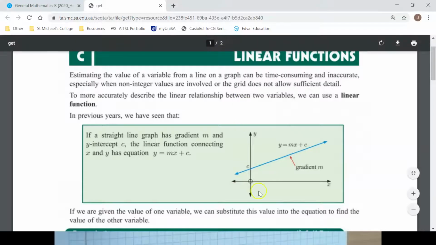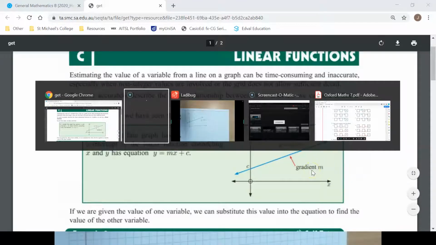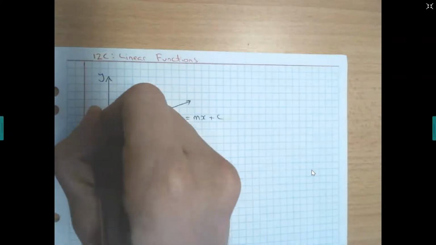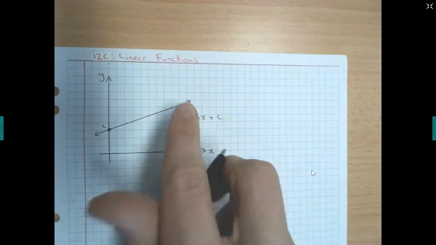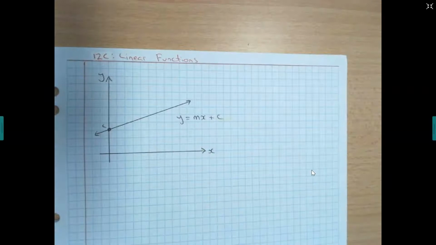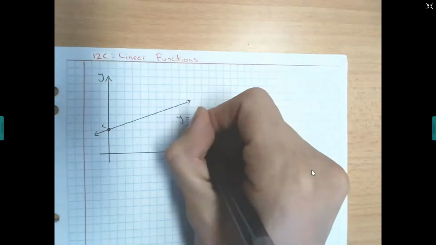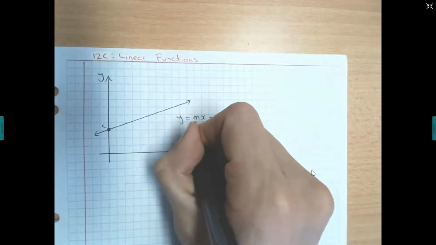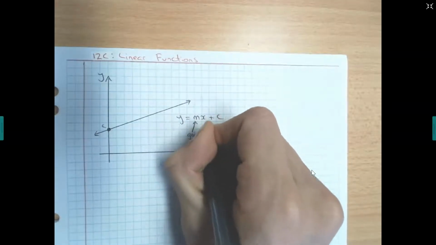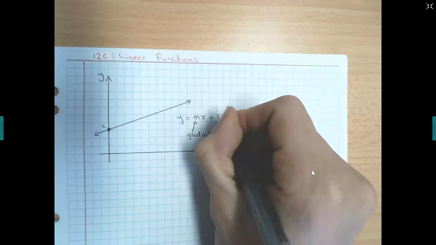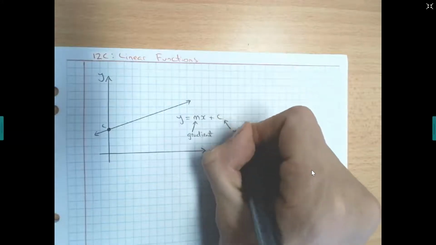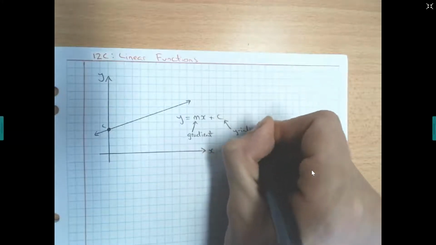So we can see on here they've labelled it c, and the gradient or the slope is given by m. So this is point C, and the gradient of this graph is given by m. So this is the gradient, and this is the y-intercept.